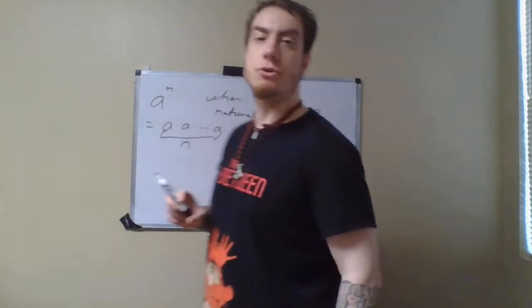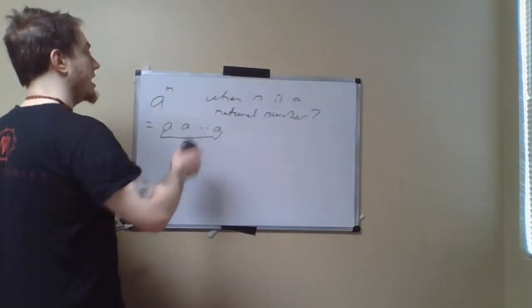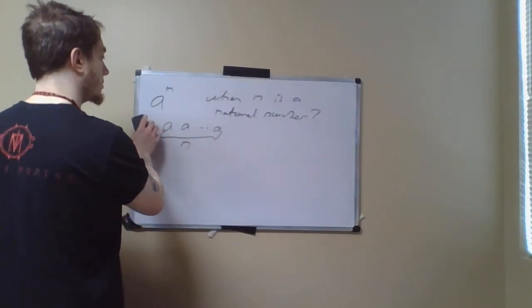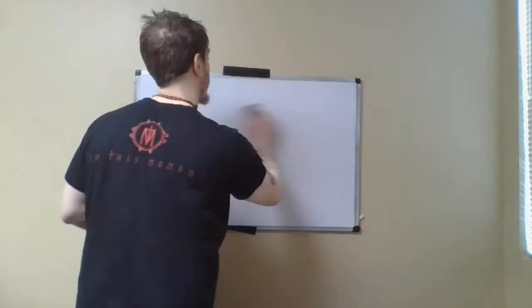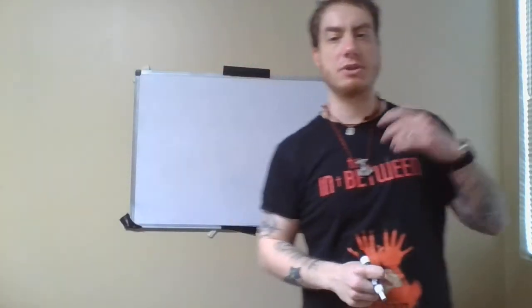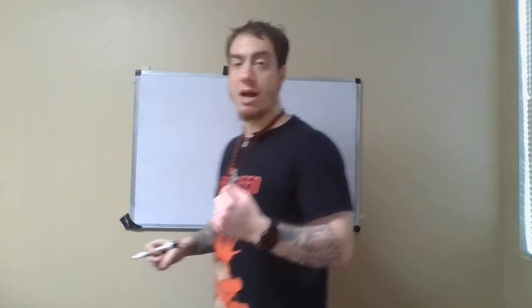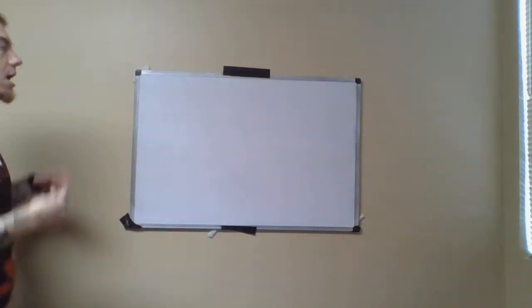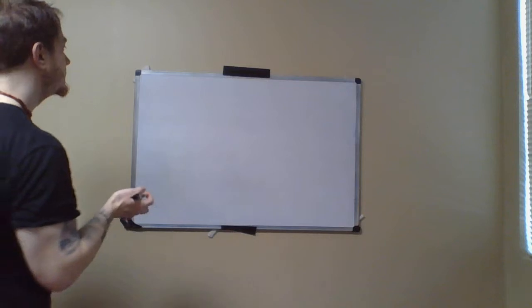So I want to show you two properties of the exponents with natural numbers that are really kind of cool and that we would like to preserve as we generalize exponents to non-natural numbers.